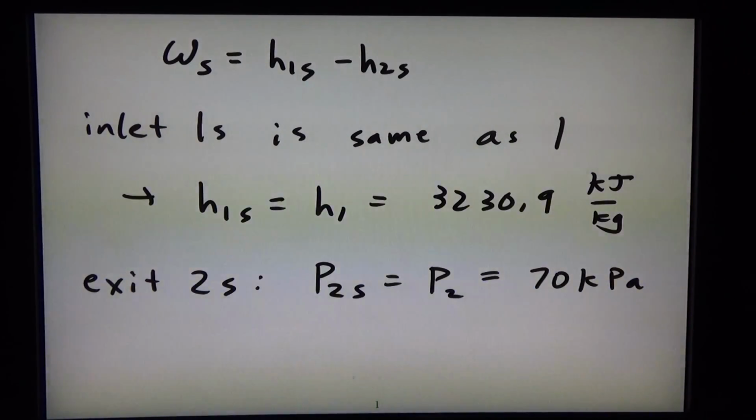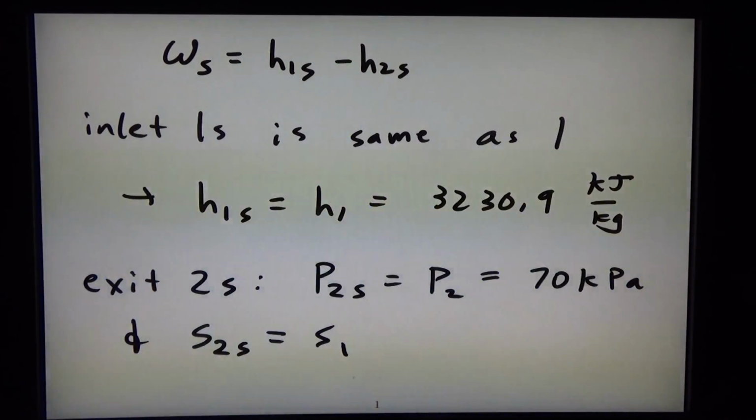And we also know that this is an isentropic turbine, so S2S is equal to S1 of the actual turbine. This always gives us our two properties for the exit 2S condition of the isentropic device: we define P2S is equal to P2 and S2S is equal to S1.